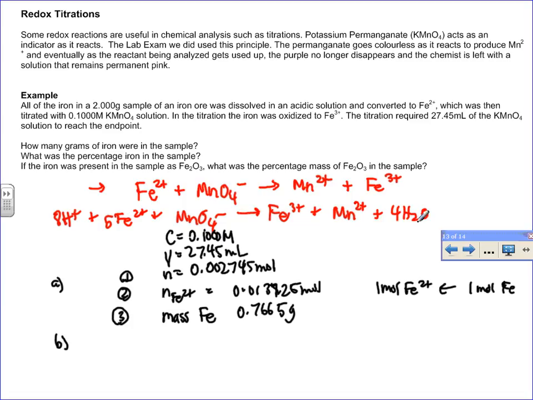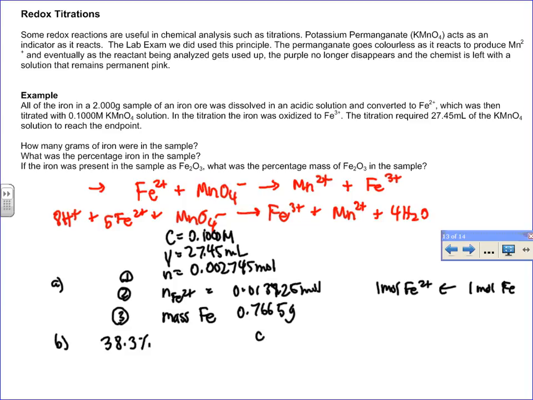So as a percentage, we had a 2-gram sample, and that's the mass of the pure iron in that sample. And so as a percentage, it's 38.3%, which was found by taking the 0.7665 and dividing by 2 times 100. And that gives us the percentage.